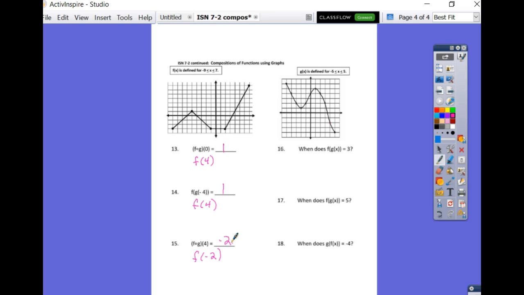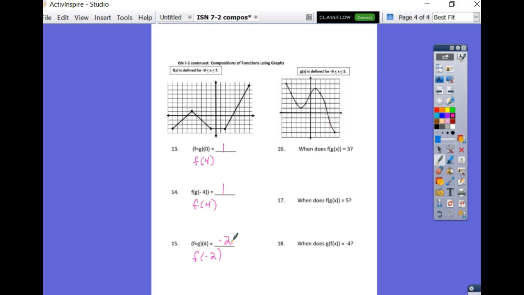So the last 3, what's different about the last 3? Right. So this time, what did I always start with here? I started with the input, right? But what am I given this time? I'm given the output. So if I'm given the output, you have to do this opposite, right?